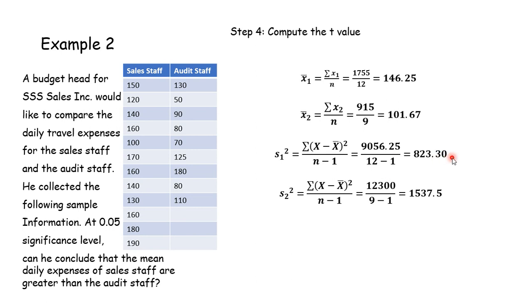Ito po yung magiging first sample variance natin. Sa pangalawa naman, 12,300 divided sa 8. And then, ito po yung makukuha na sagot, which is 1,537.5. So, kompleto na po yung kakailanganin natin para po mahanap yung t-test computed po natin.